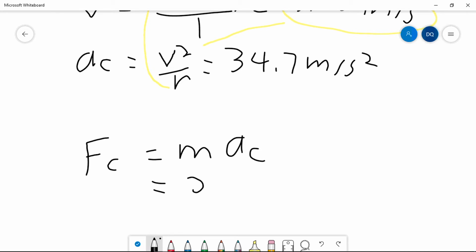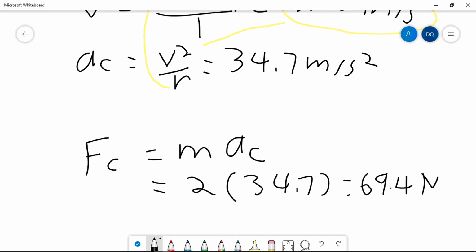Now the mass is 2 kilograms, and the centripetal acceleration is 34.7 meters per second squared. So that's going to give us a net force, a centripetal force of 2 times 34.7, which is 69.4. So we have 69.4 newtons of force always going towards the center as the bucket makes its way around.